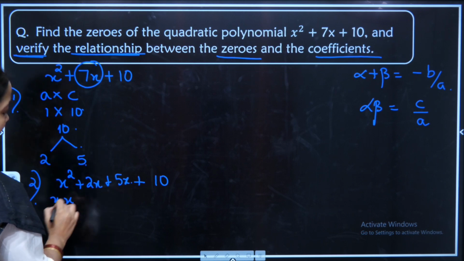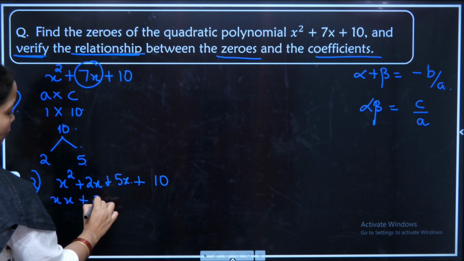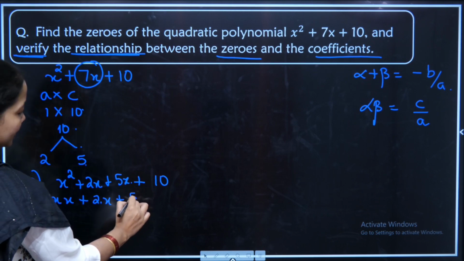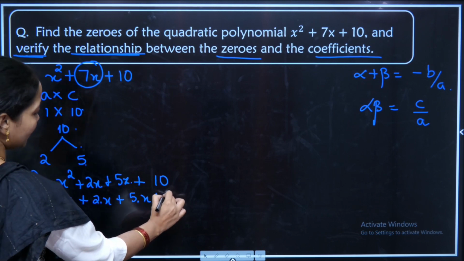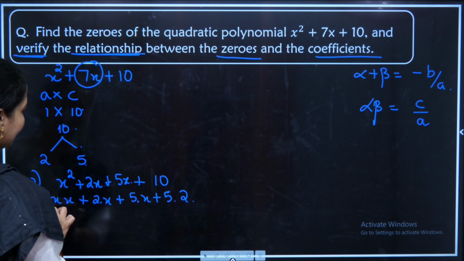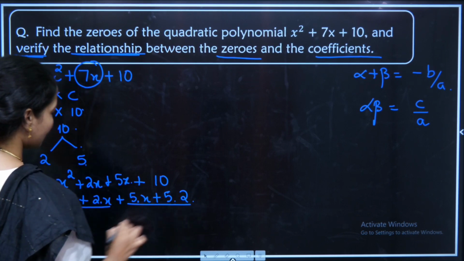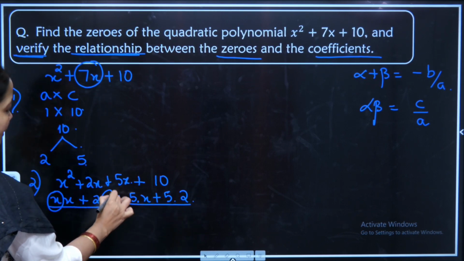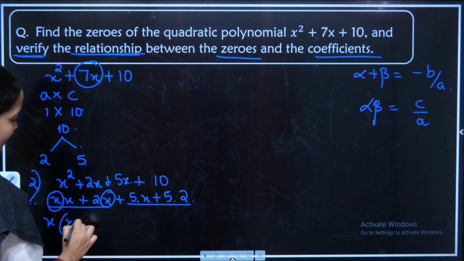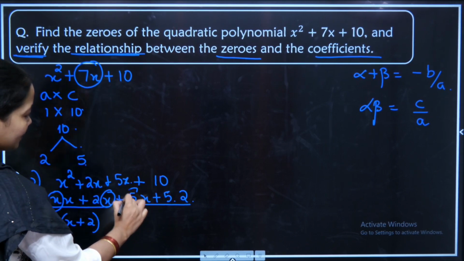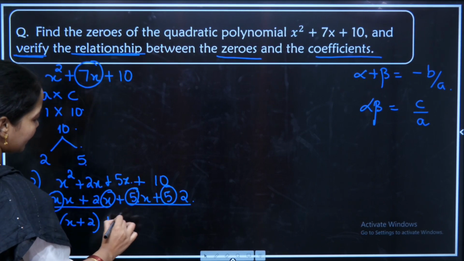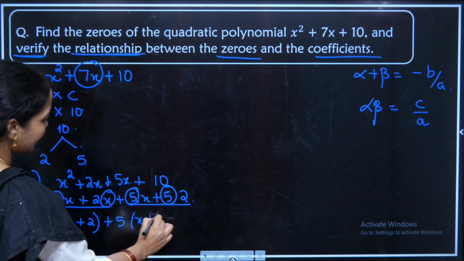Just elaborating, this is x into x, this is 2 into x, this is 5 into x, this is 5 into 2. I'll consider this as one term, this as one term. x is common here, so x taken out, x plus 2 retains. 5 is common here, 5 taken out, x plus 2 retains.